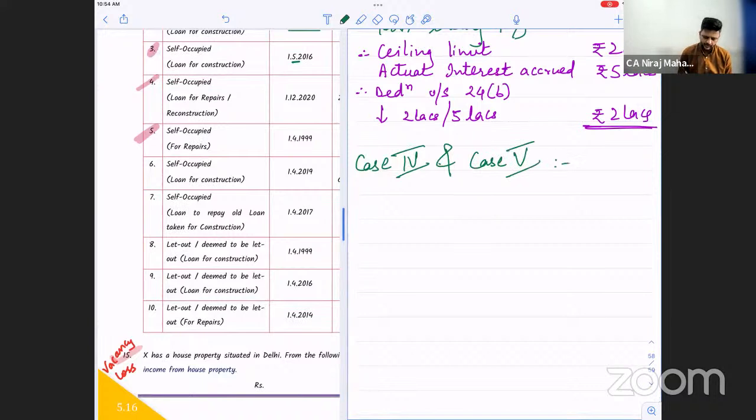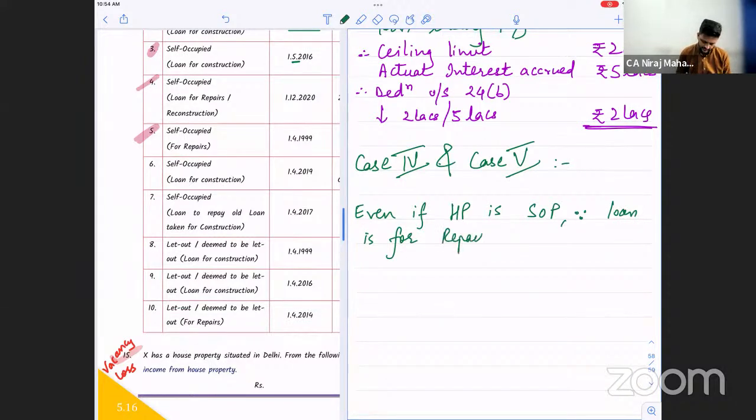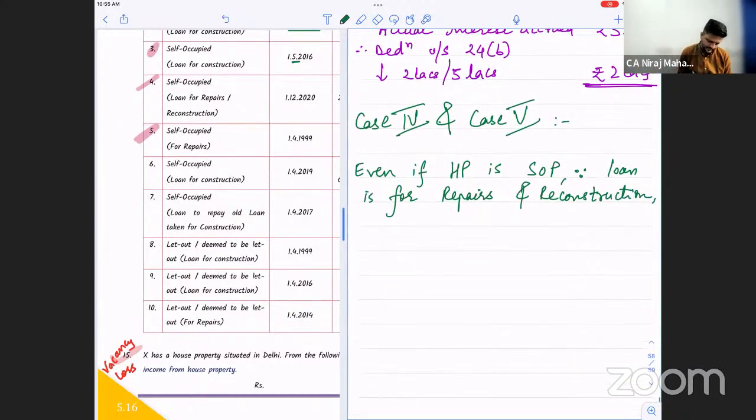Write down: HP means house property, is self-occupied property, since loan is for repairs and reconstruction, ceiling limit is rupees 30,000.